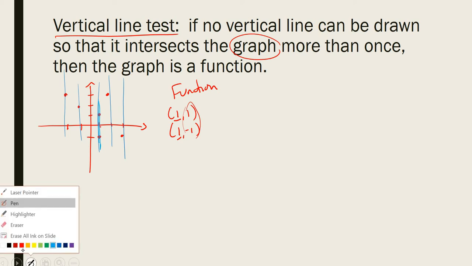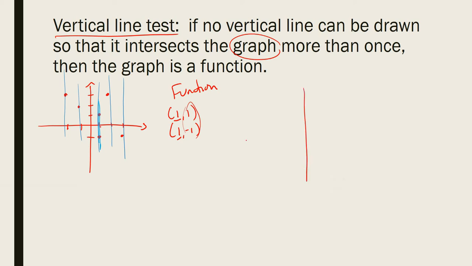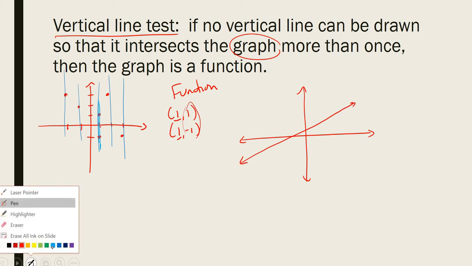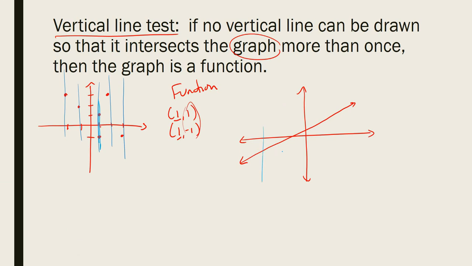We can also do this with graphs of more traditional functions. For example, a function that looks like this, that is a linear function. This also passes the vertical line test. Every vertical line crosses my function in one and only one spot.